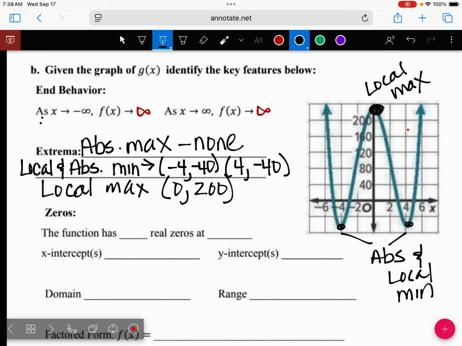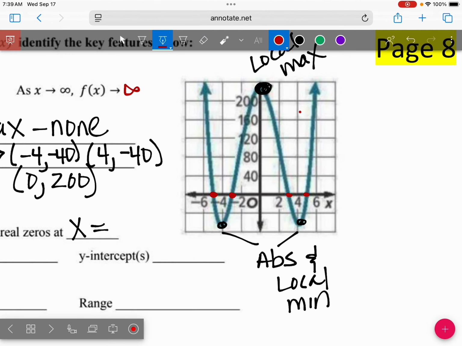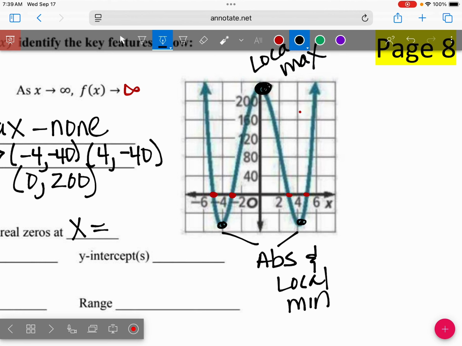Okay. How many zeros do we have? How many times does it cross X? Show me with your fingers. 4 times, yeah. So they're at x equals -5, -3, +3, and +5.